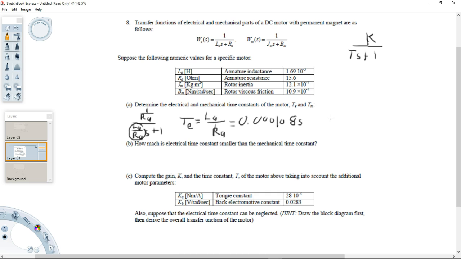So for the mechanical contribution, you do the same exact thing where you divide by BM. So for the mechanical, you would have JM over BM, and you would get 1.11 seconds.